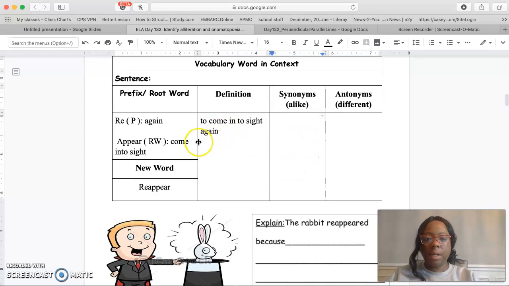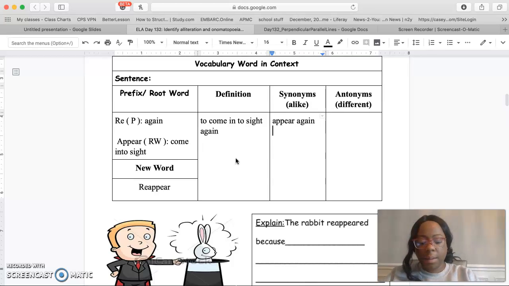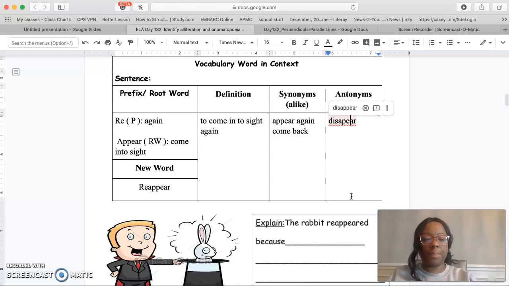Now, if we were looking for a synonym, it would mean to appear again, or to come back. Now, an antonym would be to disappear. Let me spell that right.